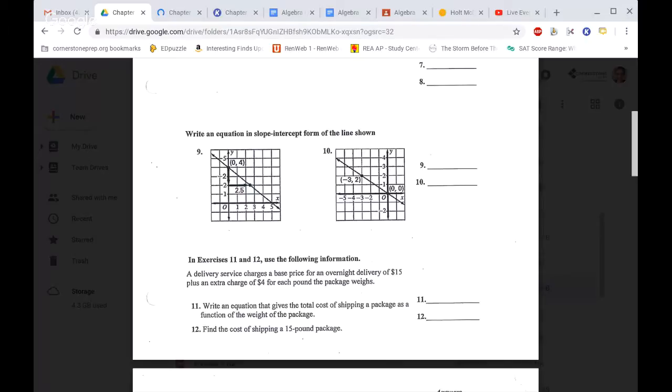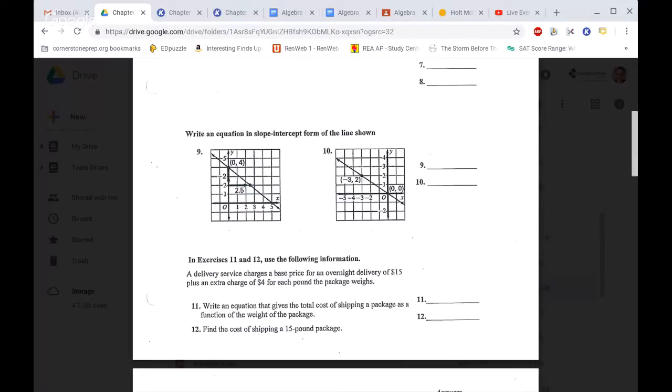So my slope is -2/3. The answer to number 10 is y equals -2/3 x. And where does this one cross the y-axis? 0. So you can either write +0 or not write anything at all.